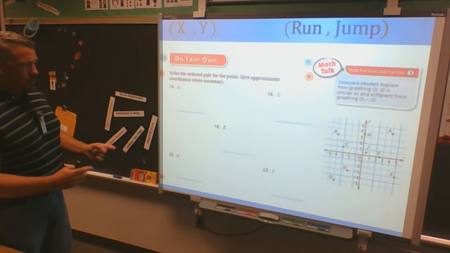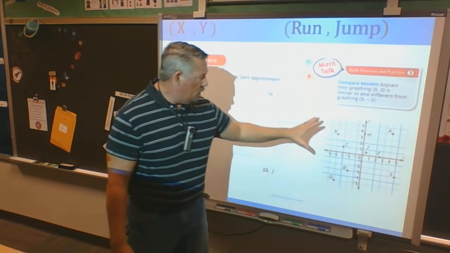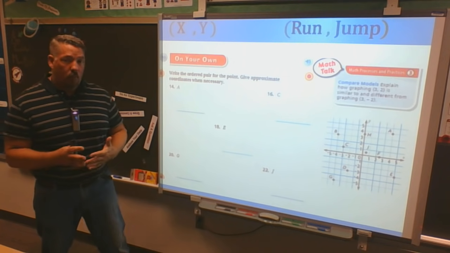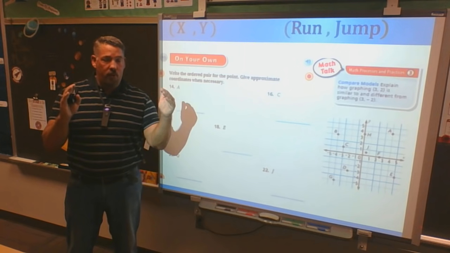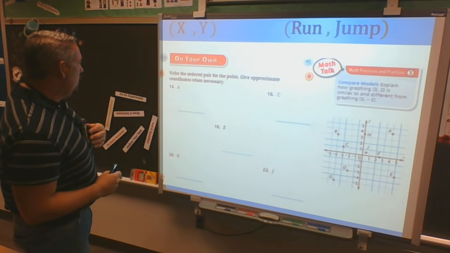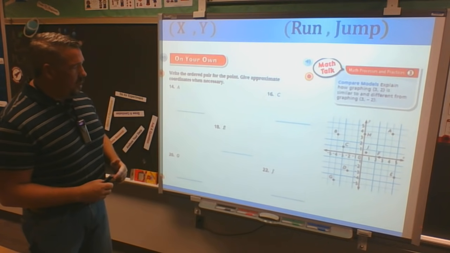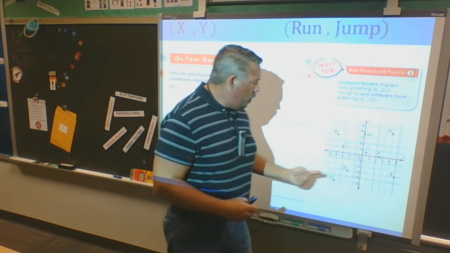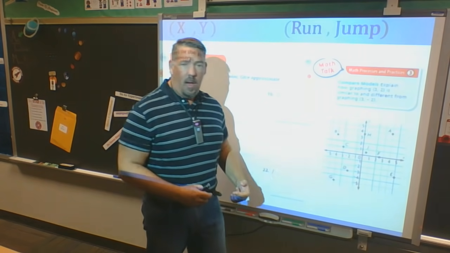All right, then the other ones that you're going to see is, here is a coordinate plane, here are some points. We need to know what the ordered pair is. Remember to always run before you jump to figure out what those numbers are, and that you always have parentheses with a comma so that you know it is an ordered pair. All right, so when I'm looking for A on number 14, A is in my quadrant 1. I know I'm running forward as a positive number, and then jumping up as a positive number.